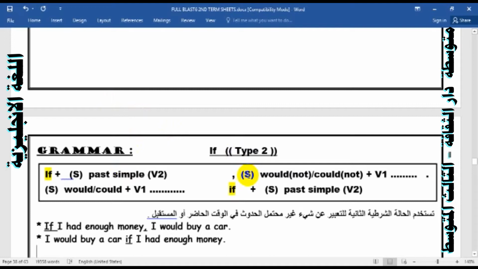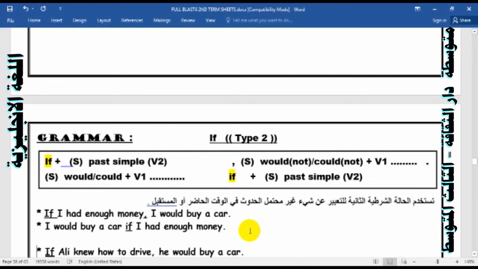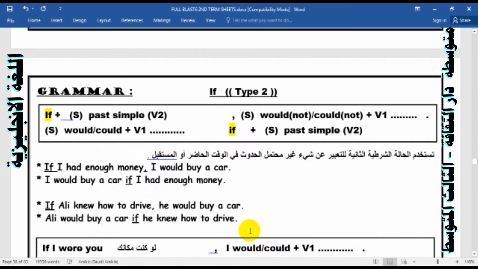طيب let's study some examples. تعال نشوف كده بعض الامثله كده. Number 1, if I had enough money I would buy a car. لو انا عندي فلوس كافيه ايه كنت شريت سياره. We use if at the beginning. We can use it in the middle.